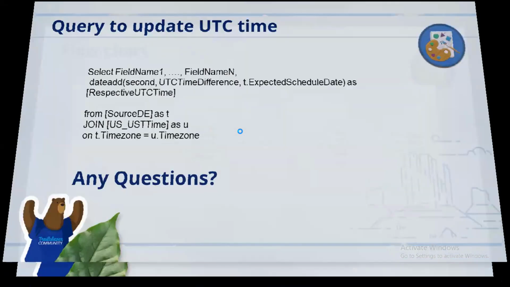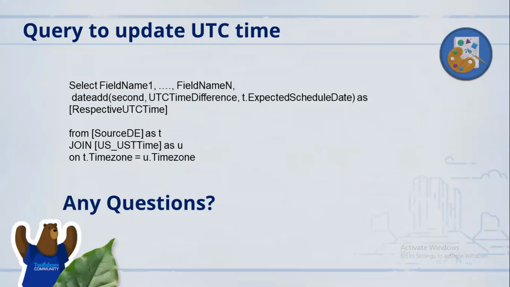So what is in this query? This is the query that we are going to use to update the UTC time. This is the source field name, and first I have specified the US data extension, which contains the difference between UTC time and that particular time zone.